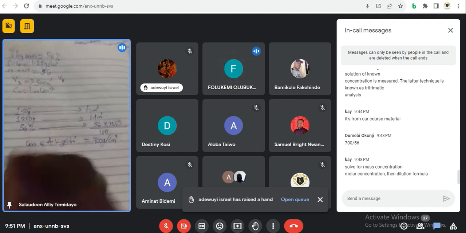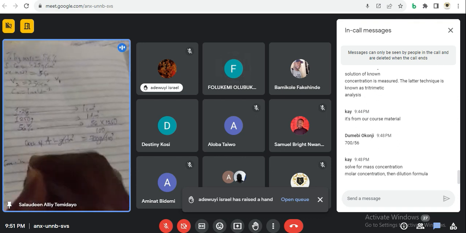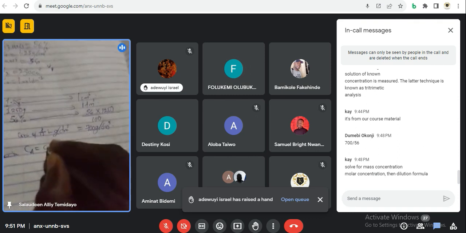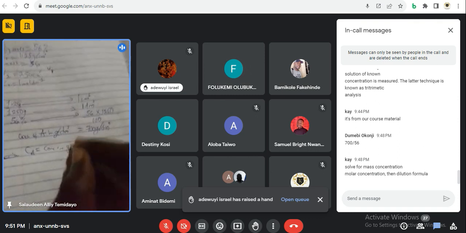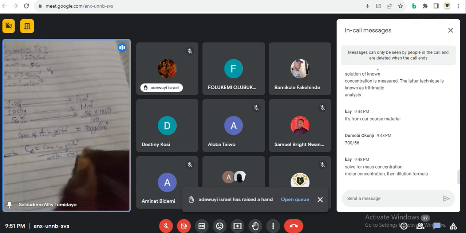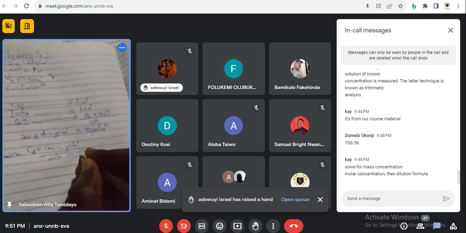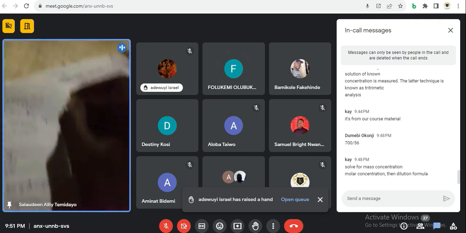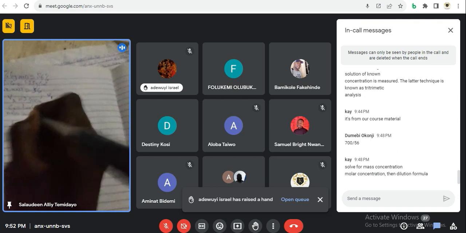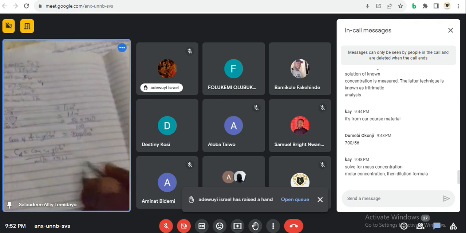So now we are looking for the concentration in mole per dm cube first. That is Ca, concentration in mole per dm cube, equals concentration in grams per dm cube over molar mass of the acid. We are given the molar mass to be 56. That's good.